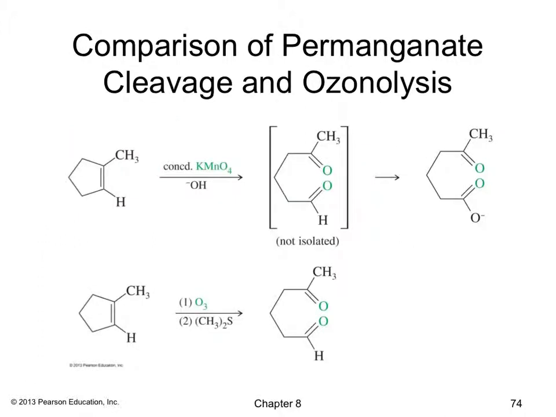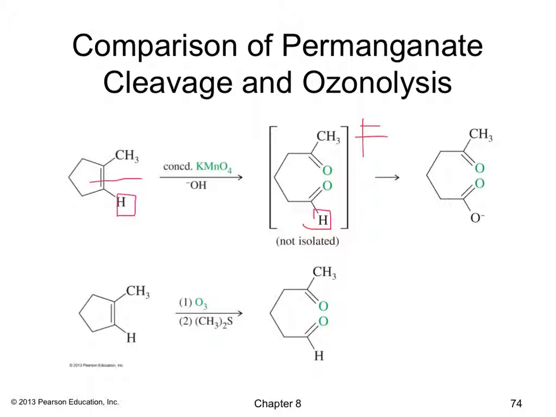So if we compare permanganate cleavage and ozonolysis, here's the same starting material. We're adding the concentrated version, so you're going to have cleavage here so that you generate an intermediate, again with a double dagger, where you have on this side your ketone and this side your aldehyde. Remember, because this is concentrated potassium permanganate, you're going to have overoxidation.